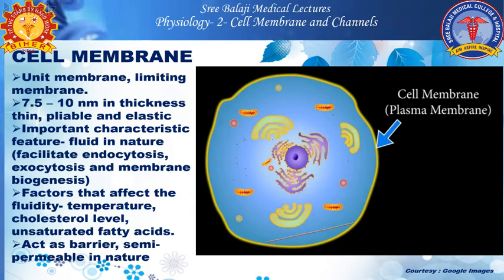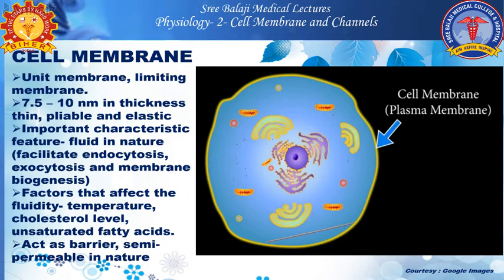Then any substance that is produced by the cell, for example hormones, if it wants to leave the cell, exits by the process known as exocytosis. Both these processes, endocytosis and exocytosis, are possible because of the fluid nature of the cell membrane.